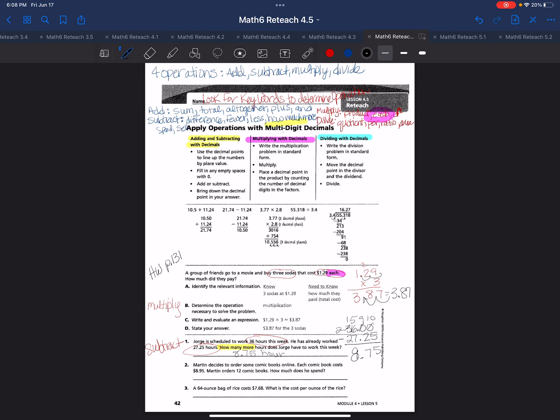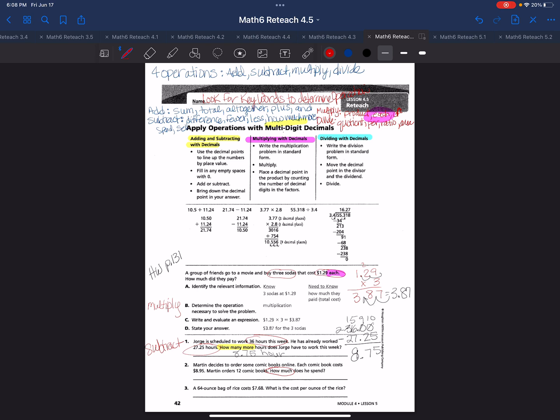Okay, question 2. Martin decides to order some comic books online. Each comic book costs $8.95. Martin orders 12 comic books. How much does he spend? So again, how much? And how much does he spend?